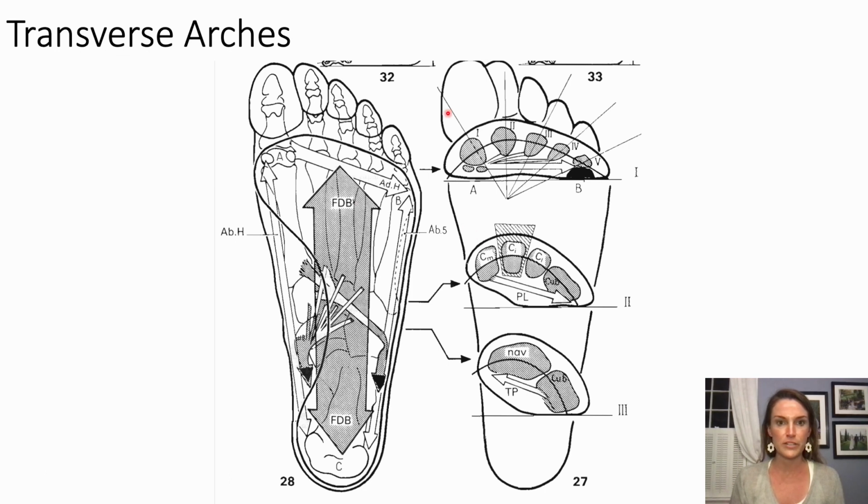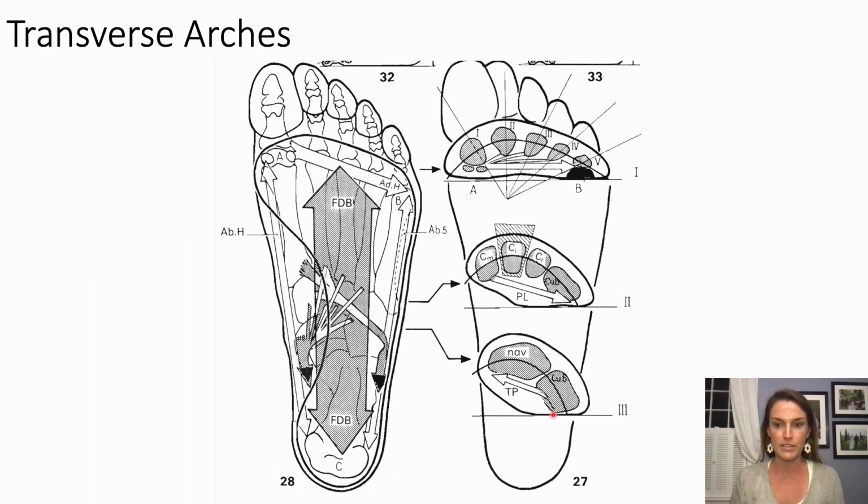The transverse arches span the whole foot, and we've got 3 different parts. So there's the anterior arch, which is the heads of the metatarsals, and the abductor hallucis spans it. This is at the level of the cuneiforms, and this arch is supported by the tendon of the peroneus longus, so it exerts a powerful action on this transverse curvature of the foot.